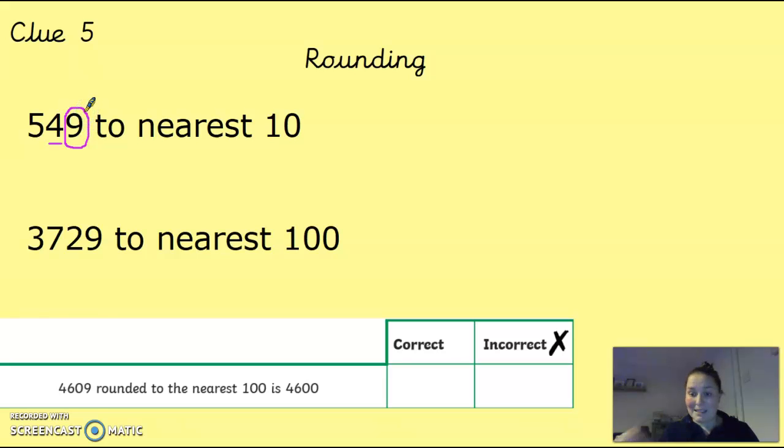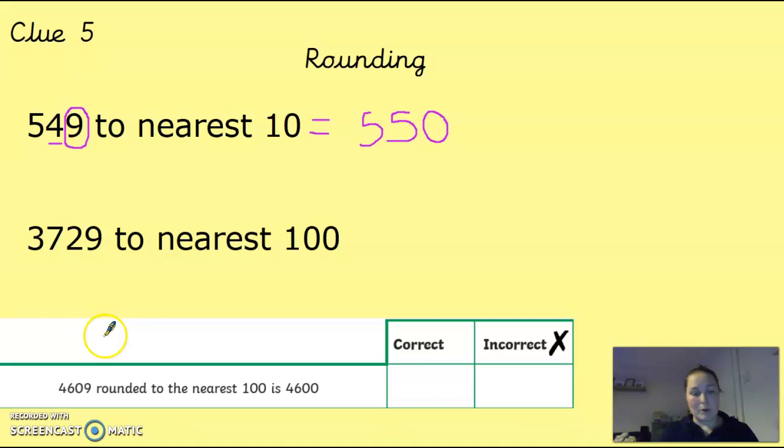So we look at the one beside it on the right. If that is 5 or more, raise the score. Okay, if it's 4 or less, we let it rest. We keep it the same. So this is 5 or more. So I'm going to take my number that's underlined up. So 549 to the nearest 10. I change my 4, take it up, and then I fill with zeros.